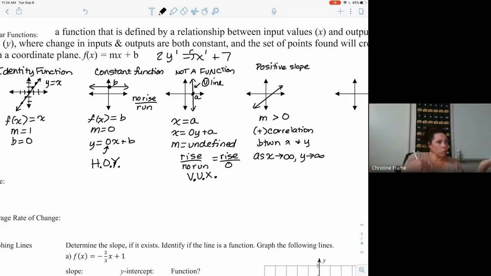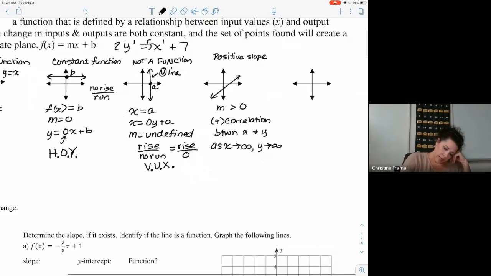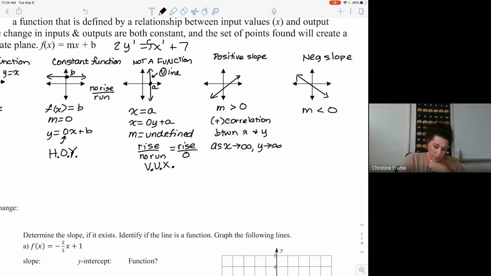Versus maybe the more you run, the less you weigh. Maybe that would be a negative correlation. Okay, so you also have your negative slope, which would be a line that is dropping. So this would be m is less than 0. Your slope is less than 0. And that is a negative correlation between x and y.